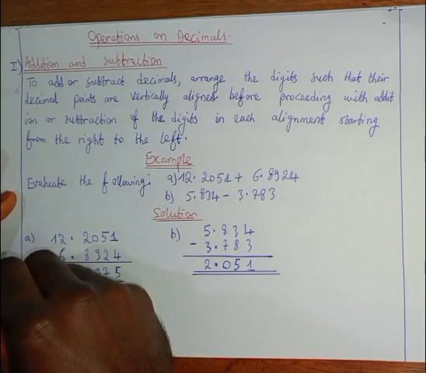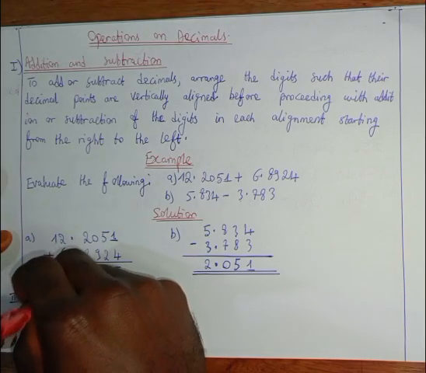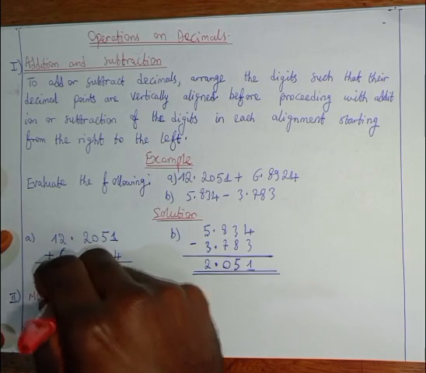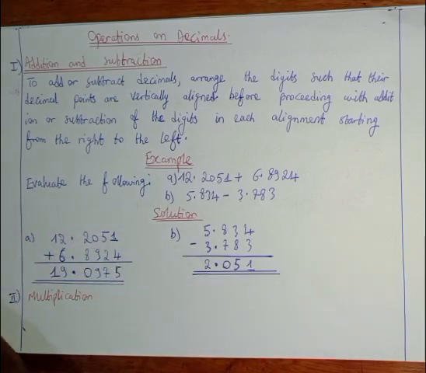Next, now we go to 2i. For 2i, we have multiplication. We're going to see how to multiply decimal numbers.